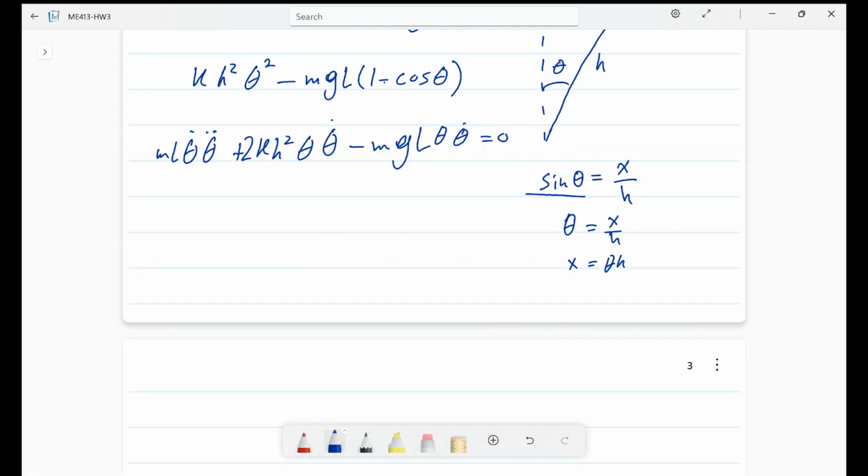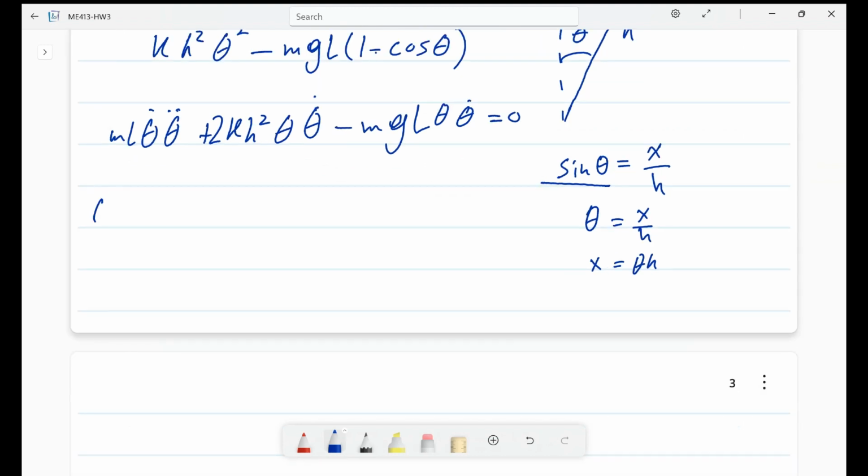Now taking theta dot as a common factor, theta dot times (2k h square theta minus m g l theta) equals 0.